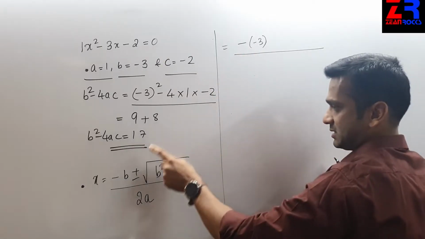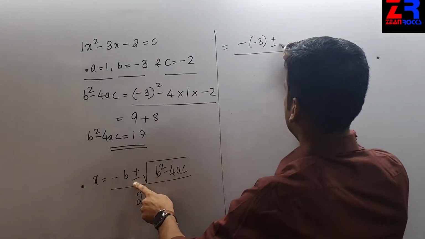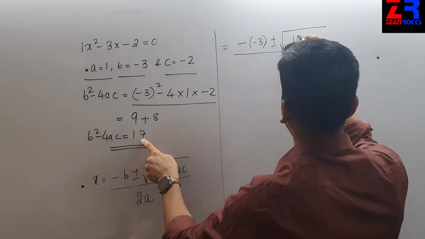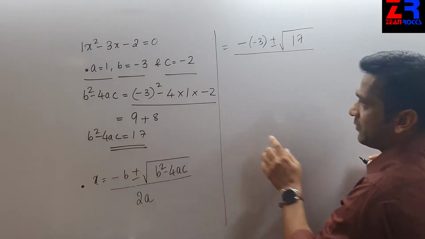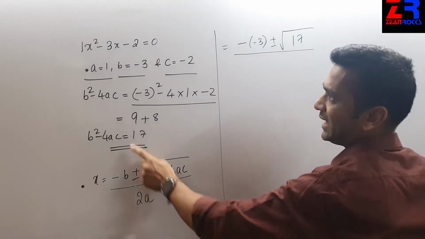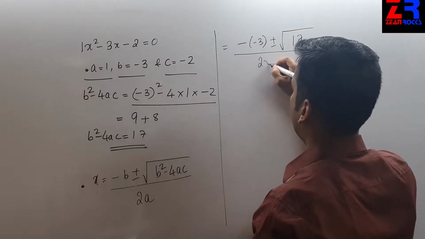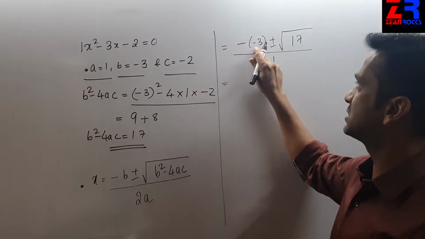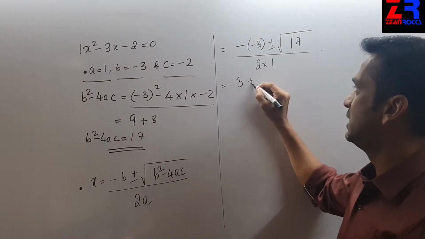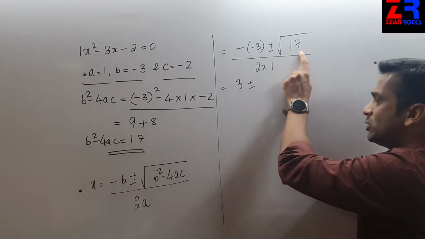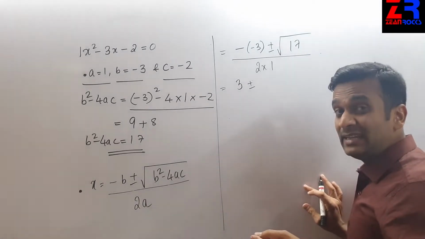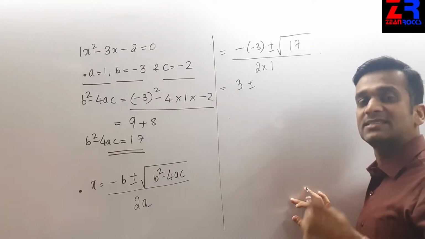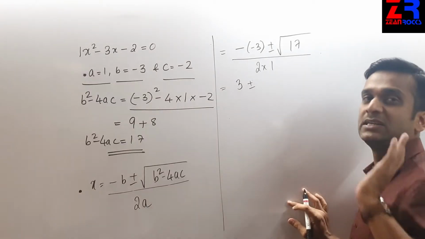So minus of minus 3 plus minus root of b square minus 4ac, already you have got 17, upon 2a. So 2 into a, value of a is 1. 2 into 1. So I will get minus of minus 3 is plus 3 plus minus root of 17. 17 cannot be factorized. That is why 17 will remain as it is.